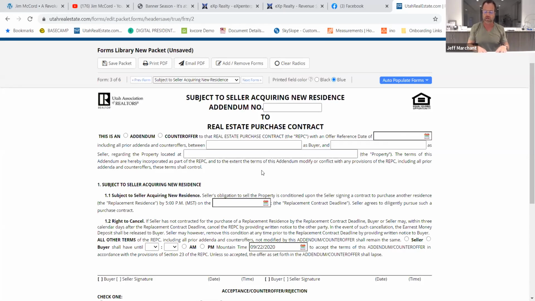However, my timelines are going to start after the cancellation of this addendum. So upon cancellation of subject to seller acquiring new residence, buyer shall have 10 days due diligence from the date of cancellation. Buyer shall have 14 days financing and appraisal as of cancellation.